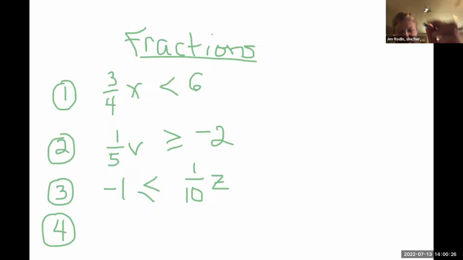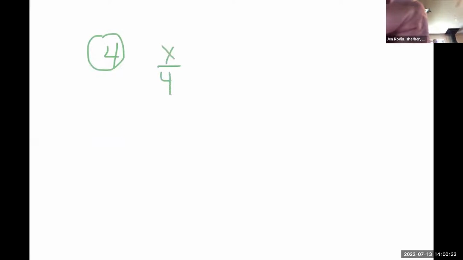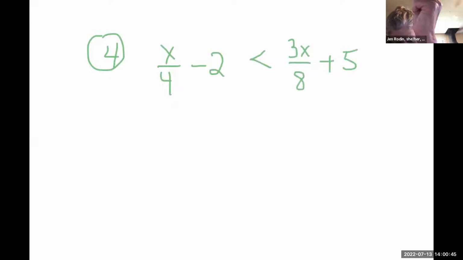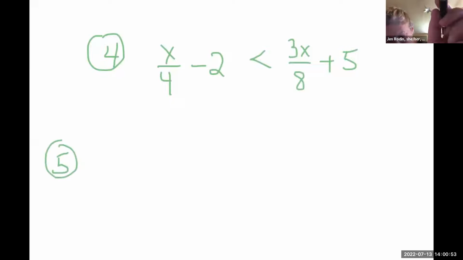Oh yes, here's a really good one, I'm going to put it on the next page. 4x over 4 minus 2 is less than 3x over 8 plus 5. That's not a double inequality, that's just a single inequality, but it has a lot of action going on for fractions.